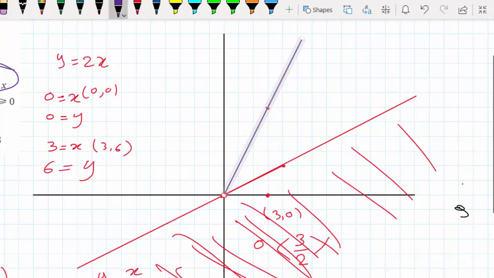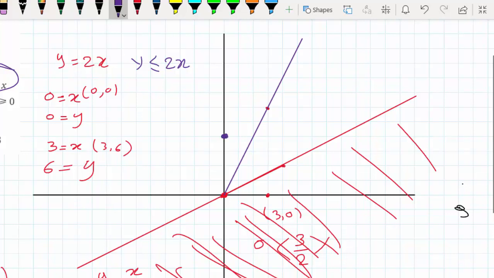Okay, which side of this purple line should be shaded? Let's pick any point. Any point is okay, just to satisfy. Will we get something that makes y less than or equal to 2x? Can we make this true? Let me pick this point.